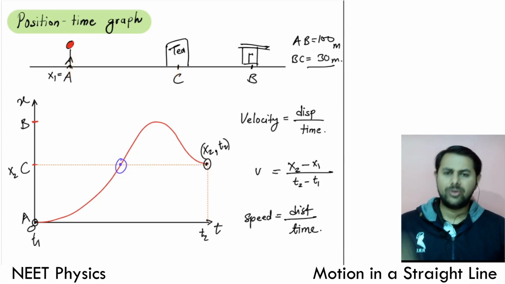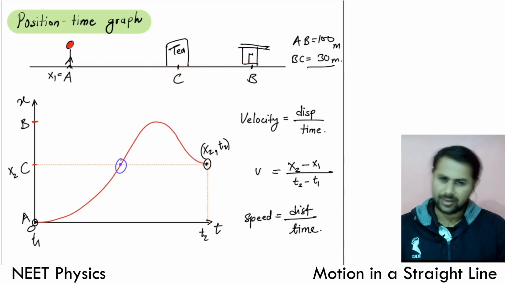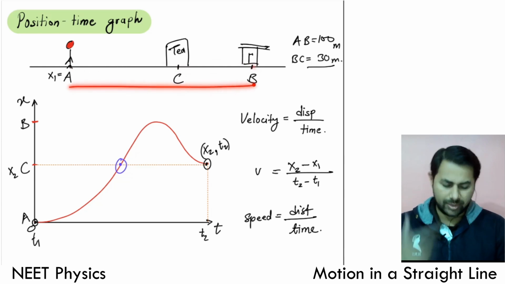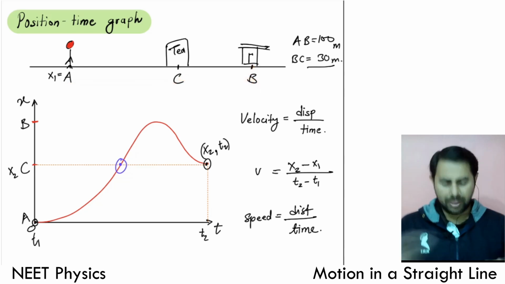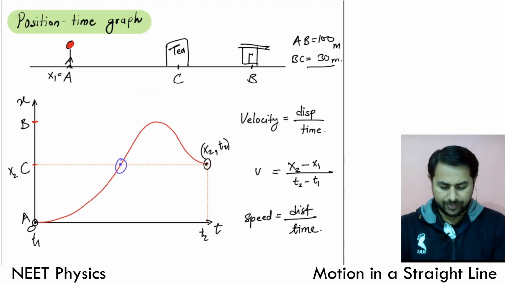But if you want to find out the speed, that is the total length of the path covered, that is distance divided by time. So you will go from A to B, you will calculate that distance, and then you go from B to C, you calculate that distance. So the average speed would be equal to this total distance divided by the time.